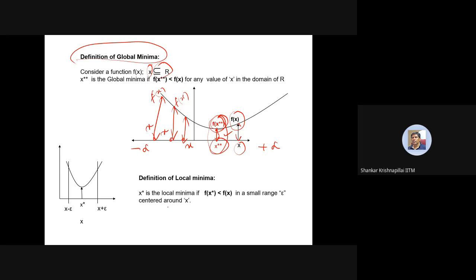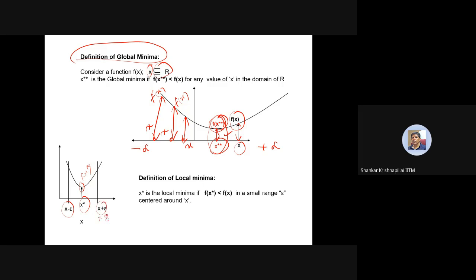And what is the meaning of local minimum? As far as optimization is concerned, if you want to define a local minima, you have to specify some range. Okay, so x star is said to be a local minima if f of x star is the smallest value of f of x within the range of plus or minus epsilon.